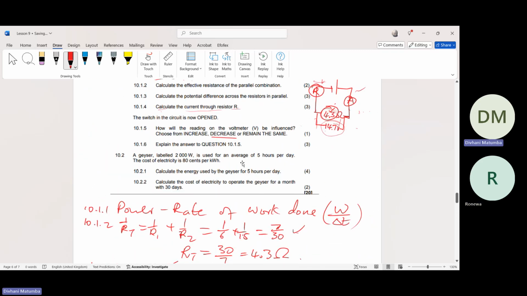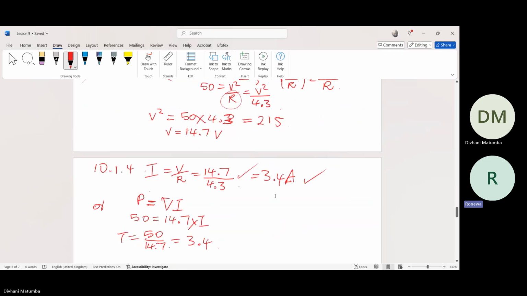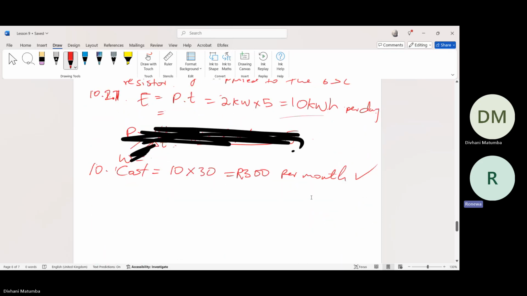You're saying we're going to multiply the energy per day, which is 10 kilowatt hours, by the number of days they gave us, which is 30 days because they said a month, and multiplied by the cost of 1 kilowatt hour.